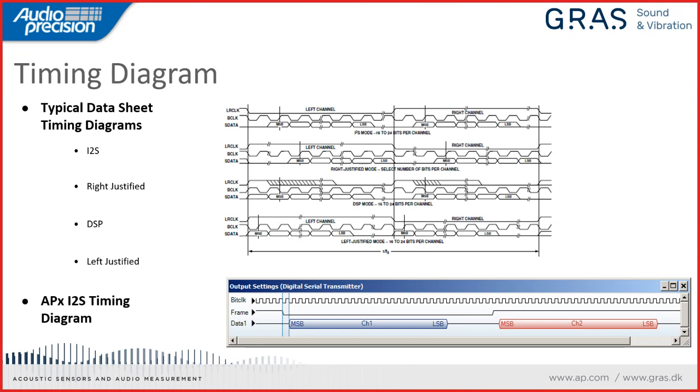Okay, this chart I think gets at the crux of why configuring serial interfaces can be difficult. To be perfectly honest, there are no standards. The closest thing that one might call a standard is I²S.